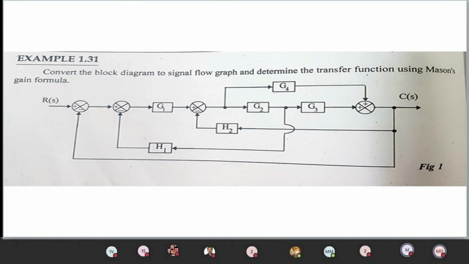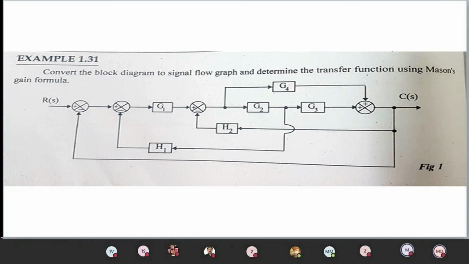And the block diagram is also non-planar, that is, it is crossing one arrow, it is going to another arrow. So here, using the block diagram principle is quite cumbersome or quite complex. I didn't say that it is difficult. I'm just saying that it is cumbersome. And converting to signal flow graph and using Mason's formula is very, very simple.